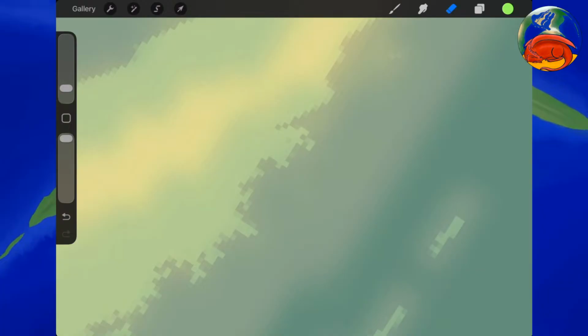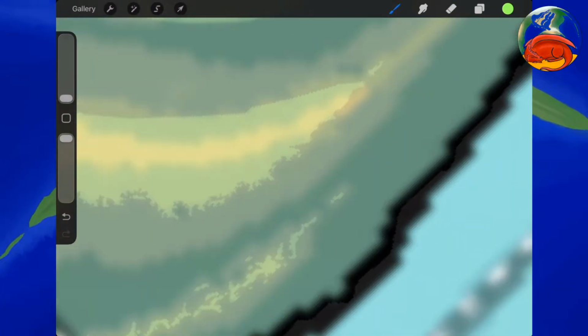And I think of it as kind of like sculpting the landscape with the climate.